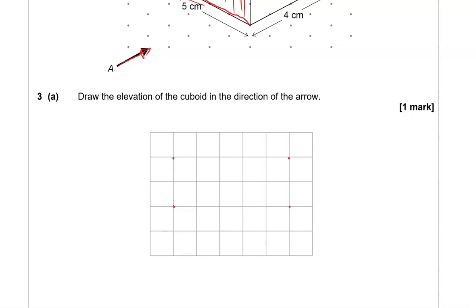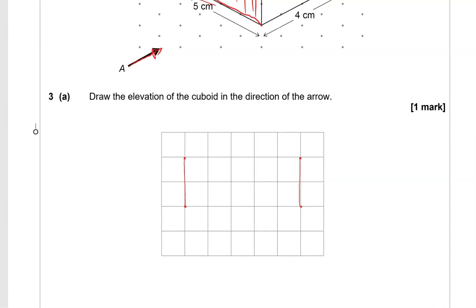So if we join the dots, that should give us the elevation. It doesn't look perfect on screen, but when you do it on paper, it's going to look much better.